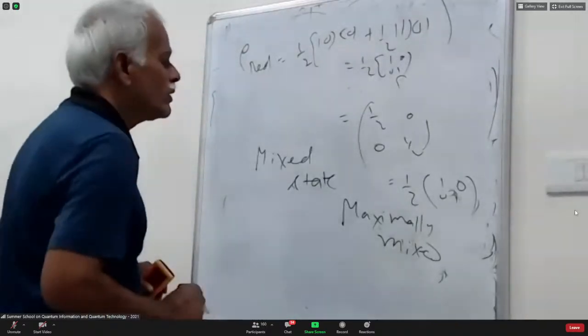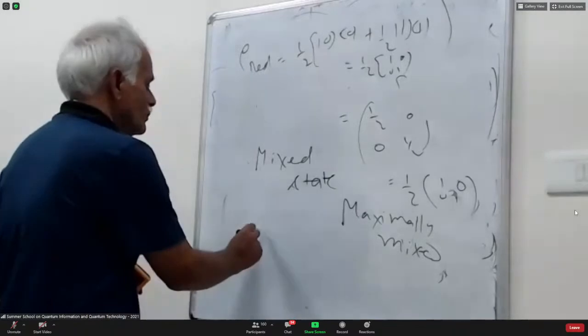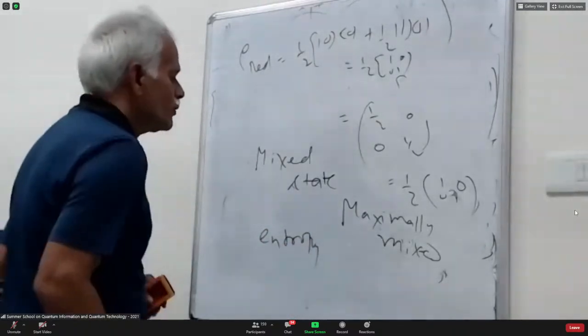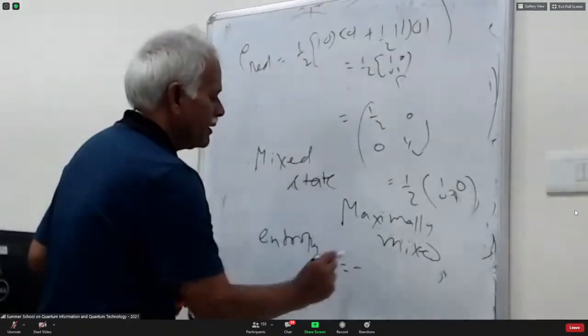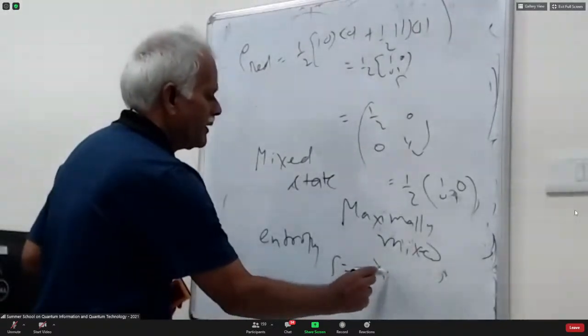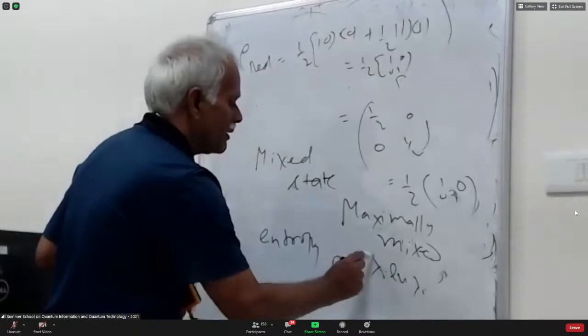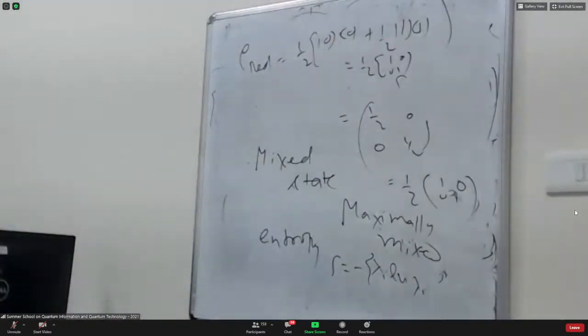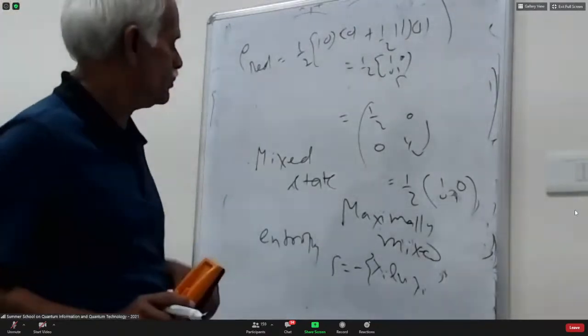Now how do I compute the von Neumann entropy? The formula is minus sum of lambda i log lambda i.